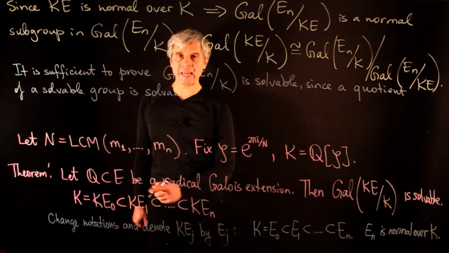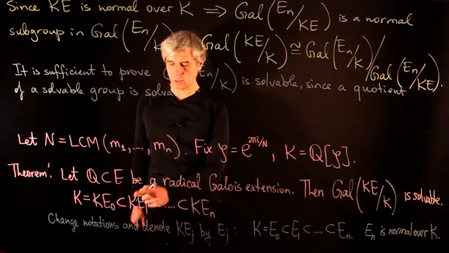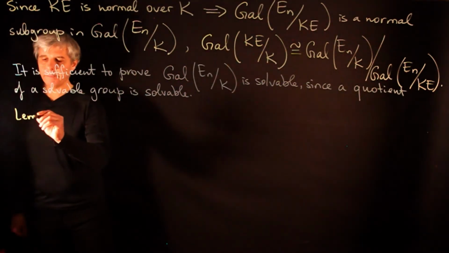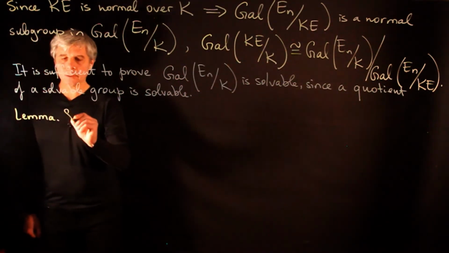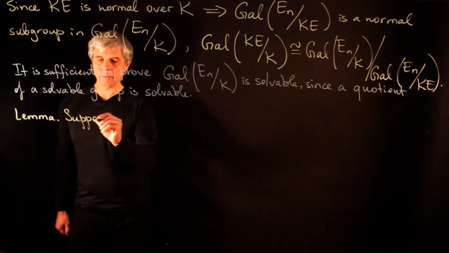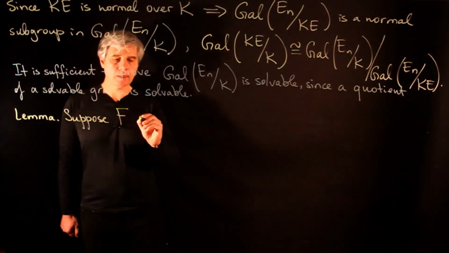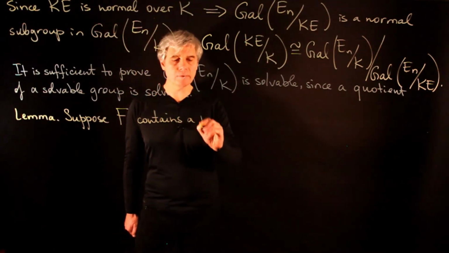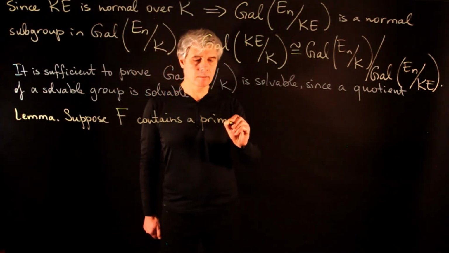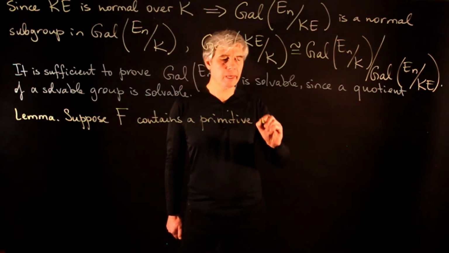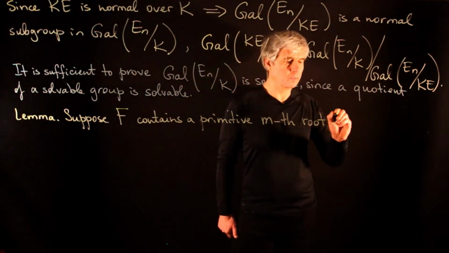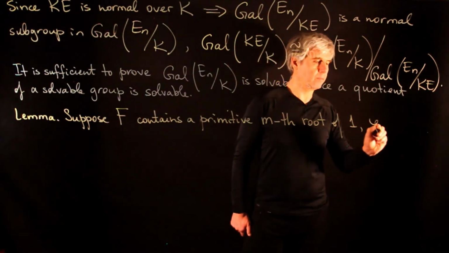Next, let us analyze a single step in this chain of extensions. We have the following lemma. Suppose F contains a primitive mth root of 1, zeta.